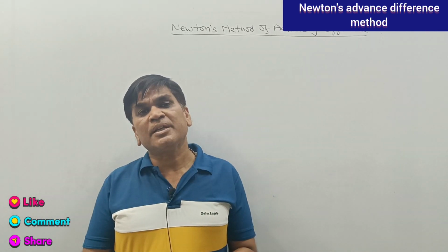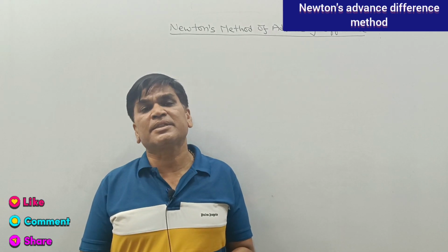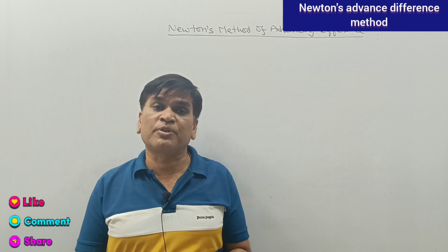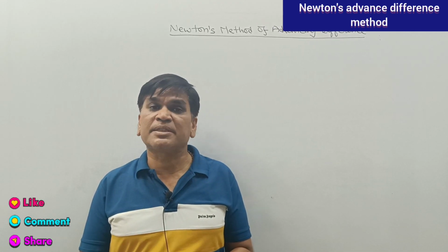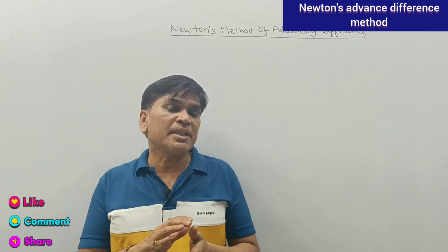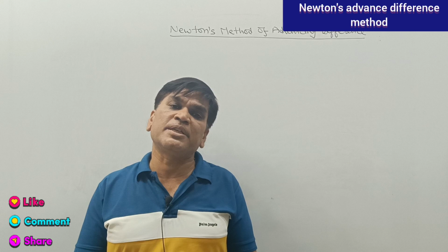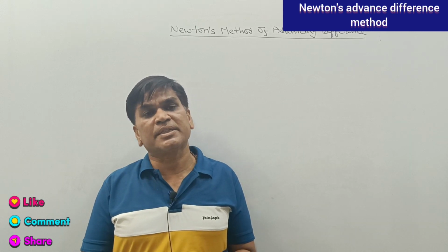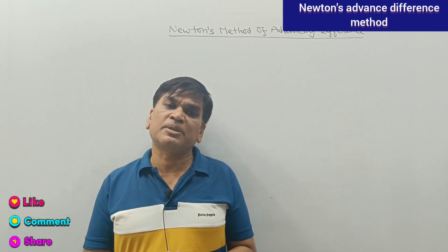So later we will have another mathematical method, which is the best method for calculating interpolation and extrapolation, called the Newton advanced difference method. In this method there is no limitation. Suppose the population data is given for 1951, 1961, 1971, 1981, 1991, 2001, 2011.